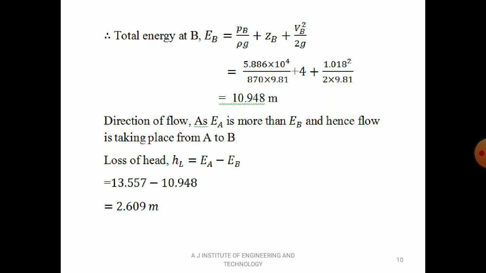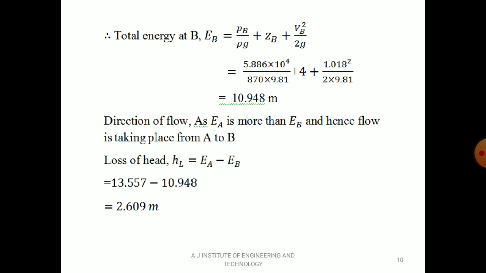I have to take care of the rho value here. It is the density of the flowing fluid, which here is oil of specific gravity 0.87, so density becomes 870. ZB value is 4, so plus 4 plus 1.018 square divided by 2 into 9.81. So that is equal to 10.948 meter.